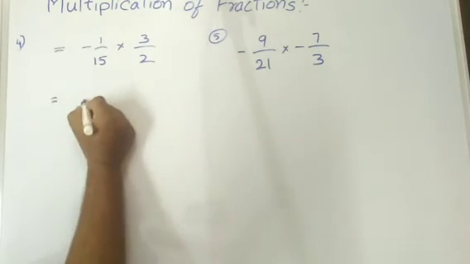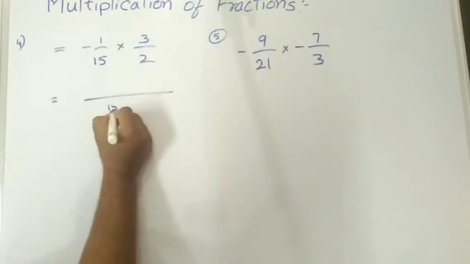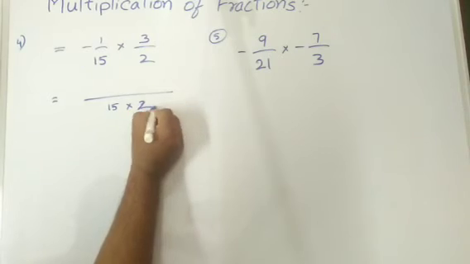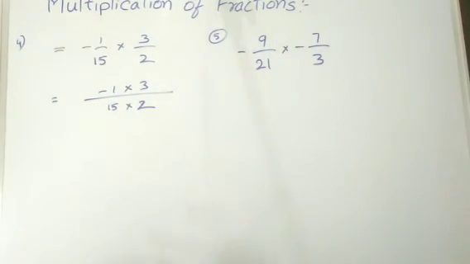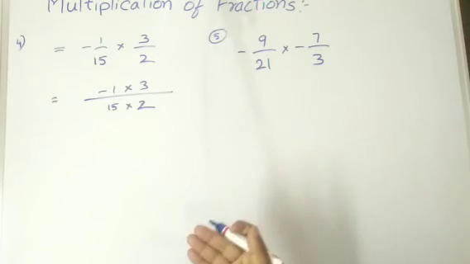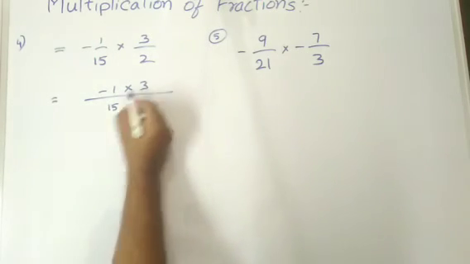We'll do, see, 15 into 2 and minus 1 into 3. If it is possible to cut, otherwise by taking the common indirectly we do the cancellation. See, in the numerator 3 is there.